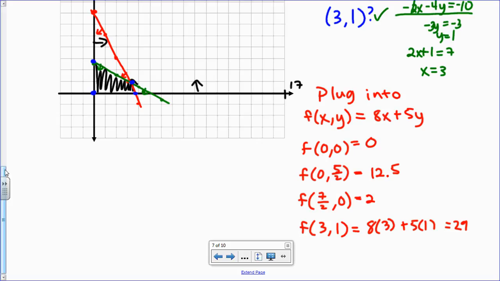And then it's 20. No, it's not, because this is 26. So 28.5. So this is my maximum. Okay. All right, so we'll do the whole entire thing then on Monday.